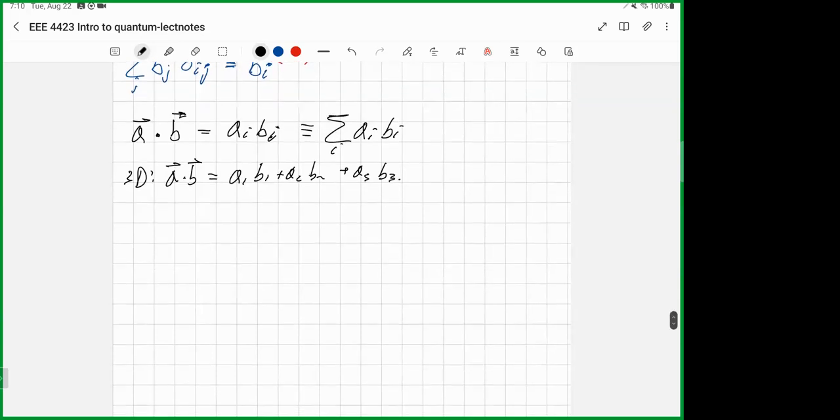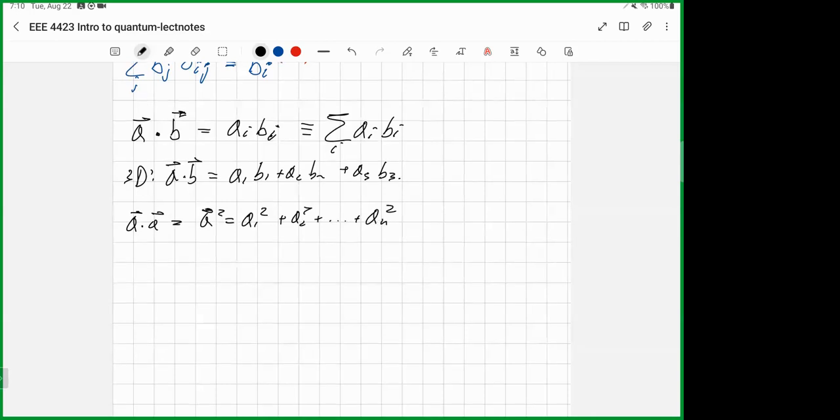And the result of this operation is a number. That's why it's called the scalar product. As an example, let's take the product of a vector by itself, a times a, which is nothing but a squared, the square of the vector. We get a_1 squared plus a_2 squared, all the way up to a_n squared for n-dimensional space.